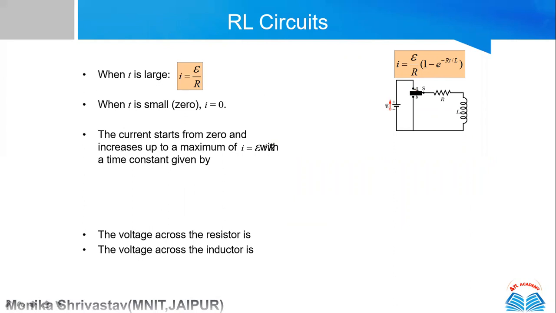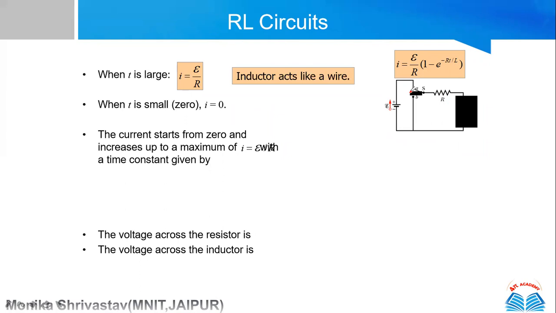When time is large, the current I equals to epsilon upon R. Initially the current starts from 0 and increases up to this maximum value.